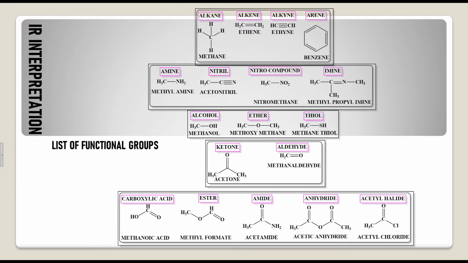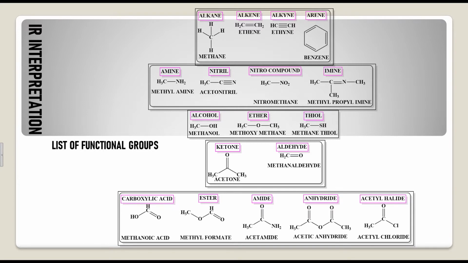Then alcohol and derivatives. Alcohol has OH; ether has, in the place of hydrogen, one more alkyl group. Then thiol, which has sulfur in the place of O. So this is the third one. Fourth category, carbonyl compounds, that is ketone and aldehyde. Finally, carboxylic acid and its derivatives.